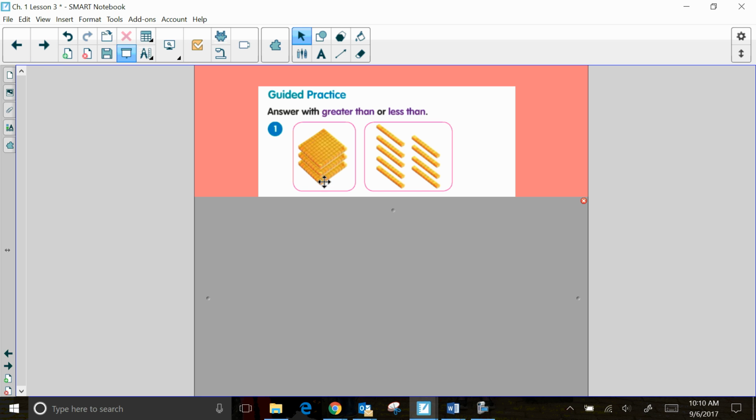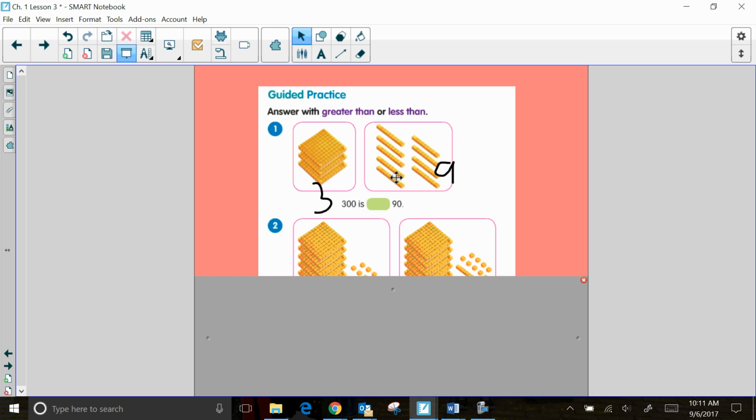Here's some practice. You're going to answer using the words greater than or less than, spelling them out. First, right here, in number 1, we have three hundreds, and 1, 2, 3, 4, 5, 6, 7, 8, 9 tens, and I don't see any ones.